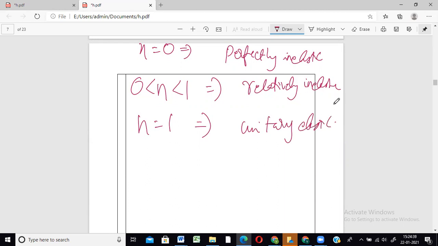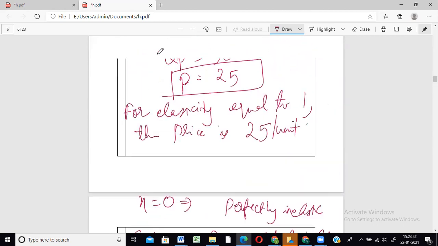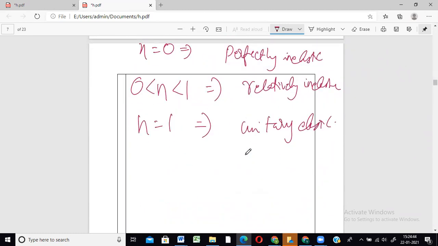Like the example, the third one was given to us, and it is exactly equal to 1, find out the price. So that was actually unitary elastic. Okay, the next case is when it goes beyond 1, then it is relatively elastic.